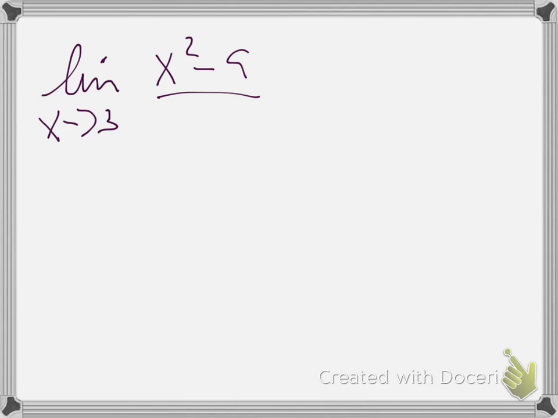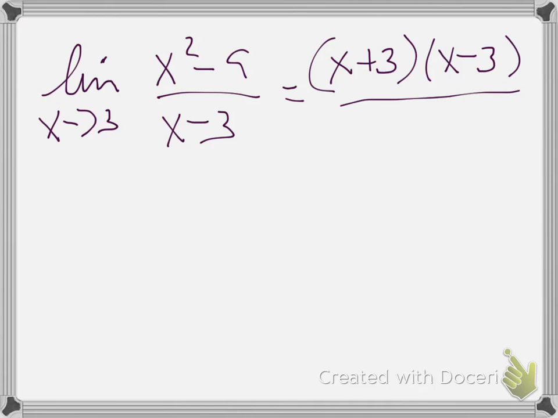More things. If I was asked to evaluate the limit as x approaches 3 of x squared minus 9 over x minus 3, I would think to myself that I could factor that numerator.